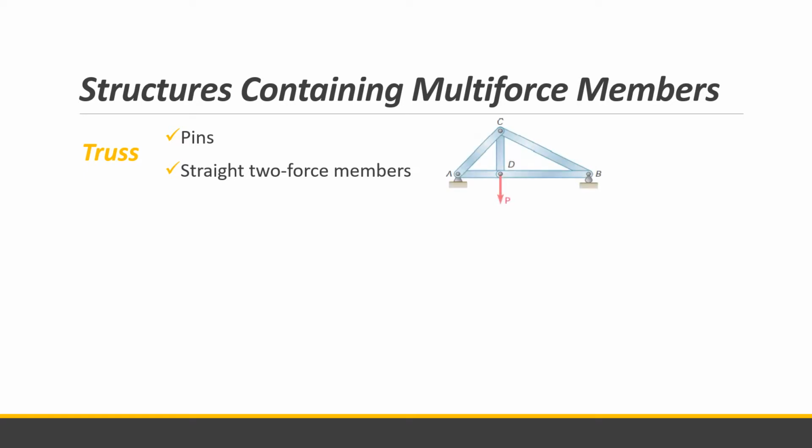So this is our truss. AC is one member, AD is one member, CD is one member, CB is one member, and DB is one member, and all of them are straight. When you separate each member, they are subjected to only two forces, either compression or tension on both ends.